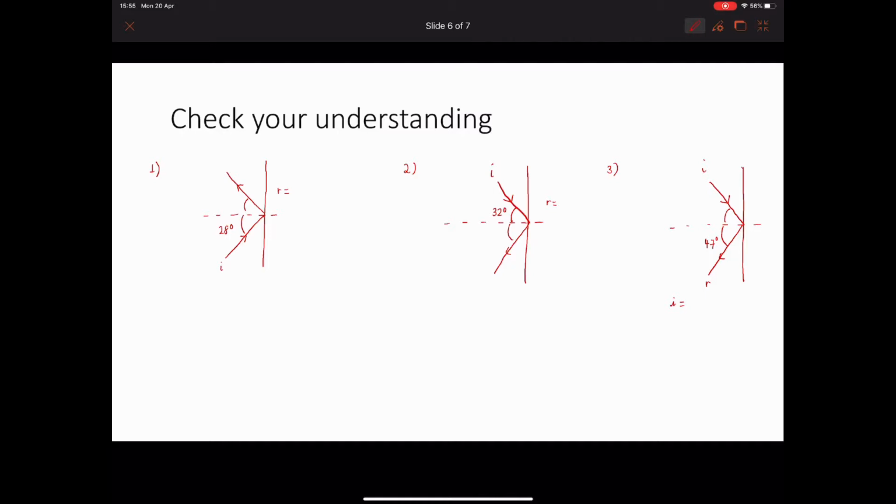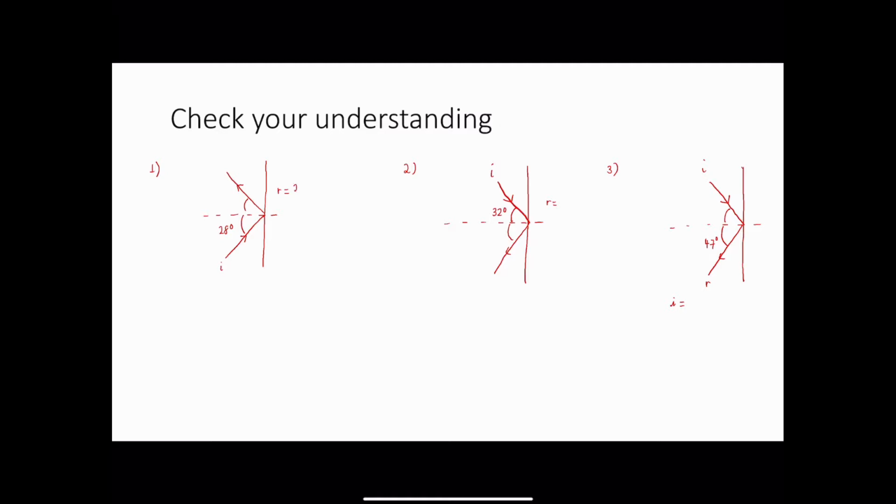Okay, so question 1, these are your answers. Remember to self-assess in your green pens. If you've got an incident angle of 28 degrees, the law of reflection states that the reflected angle has got to be equal to the incident angle, therefore the reflected angle is also going to be 28 degrees.